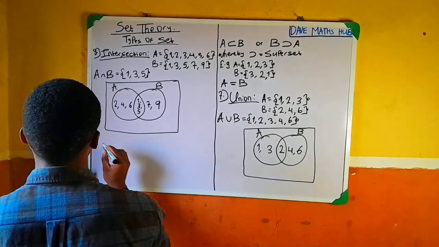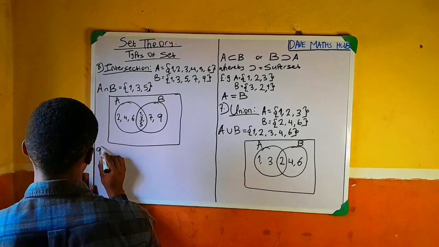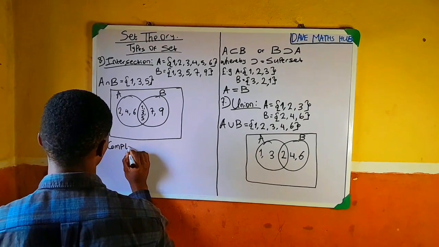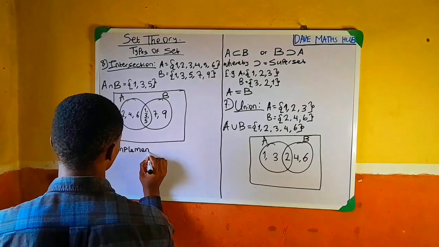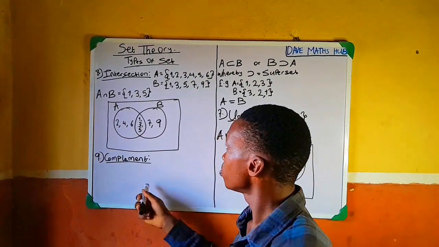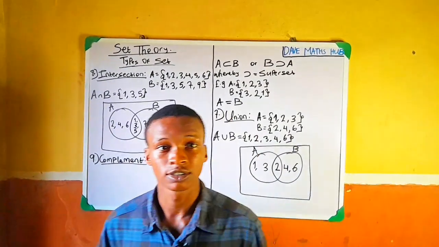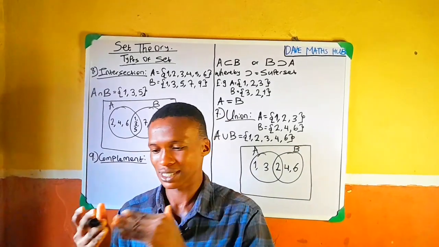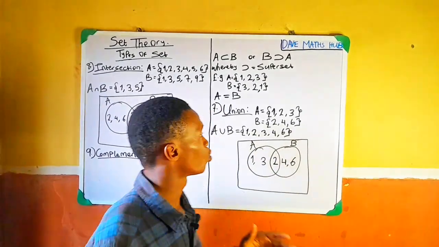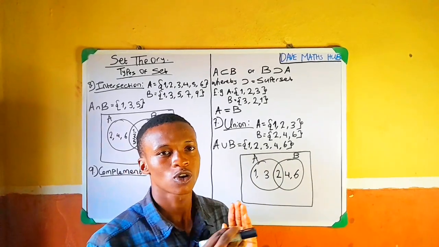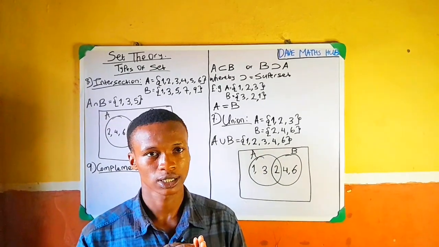Number 9, we have complements. Now, complement of set A is the remaining elements found in the universal set but not in set A. If you recall from what we've been doing, set A is a subset of the universal set.